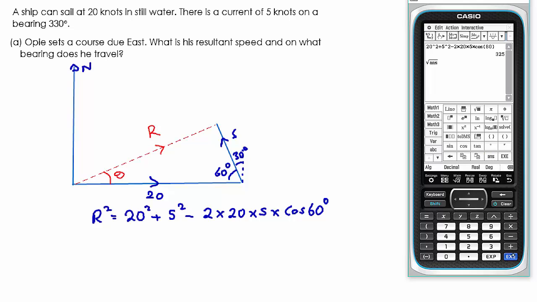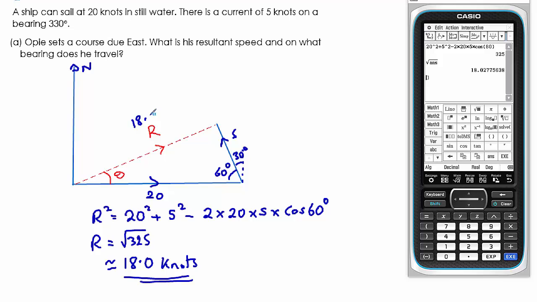So the square root of the last answer is, let's say, 18.0. So we'll say r is equal to the square root of 325, which is approximately 18.0, and that would be in knots. So we know this side now is the 18.02 and so on.